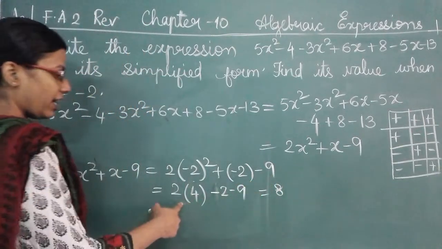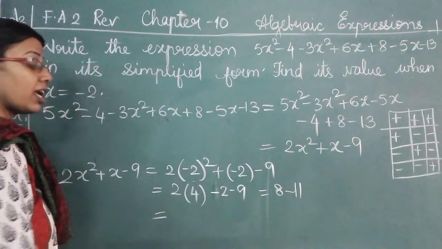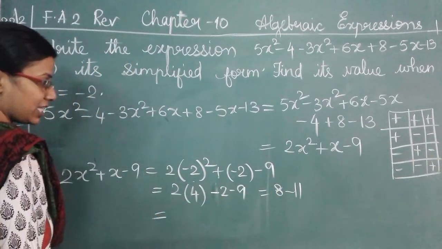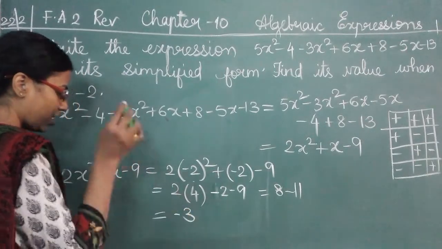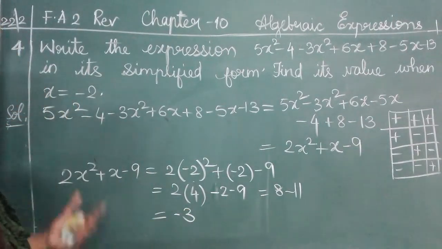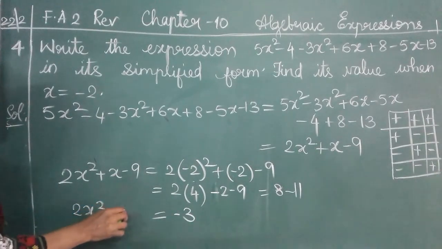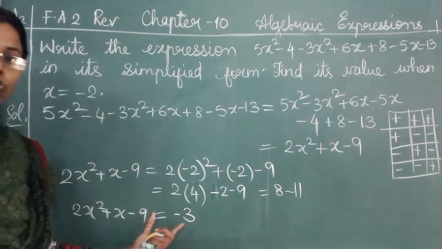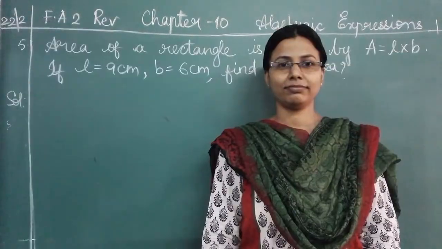Minus 2 minus 9 is minus 11. Minus 11 plus 8, we are going to subtract. This is going to be minus 3. So you got the value of this given algebraic expression as minus 3. Understood this? Copy in your homework books, children.